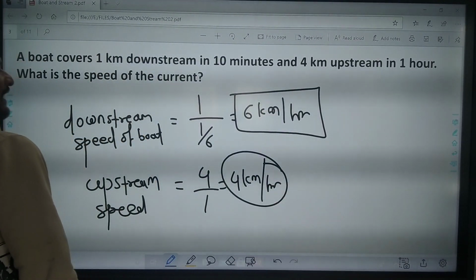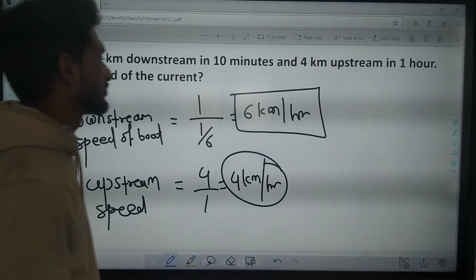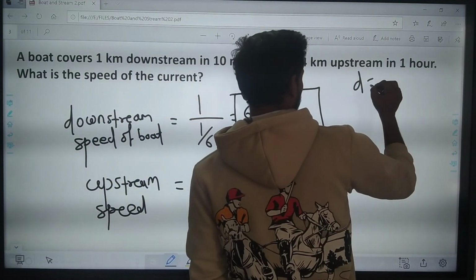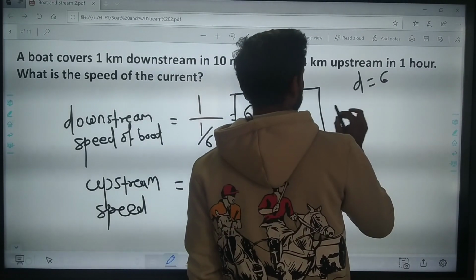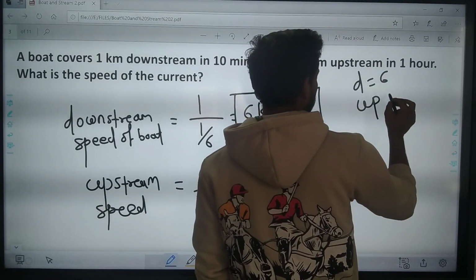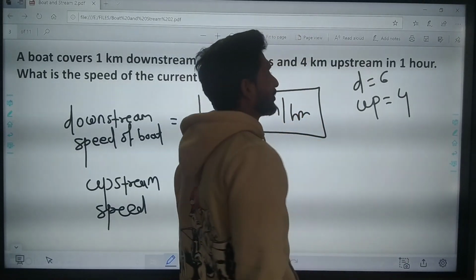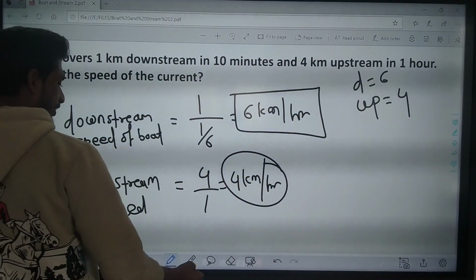Downstream speed is 6 kilometer per hour. Upstream speed is 4 kilometer per hour. Now we find the speed of current.